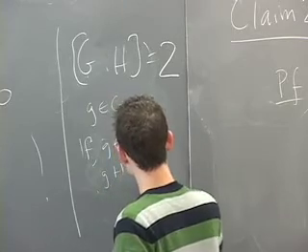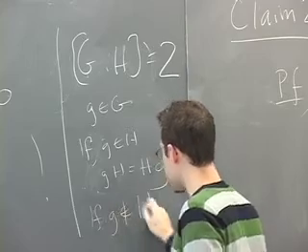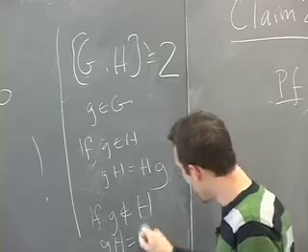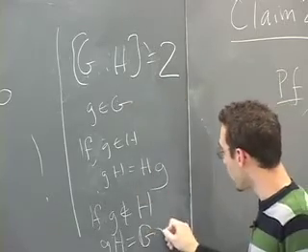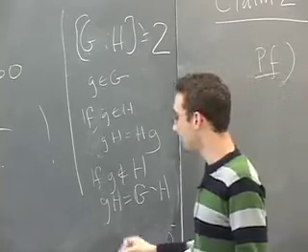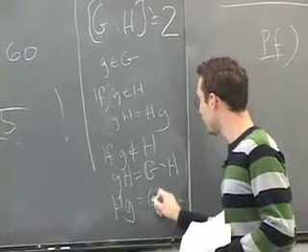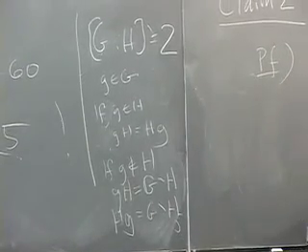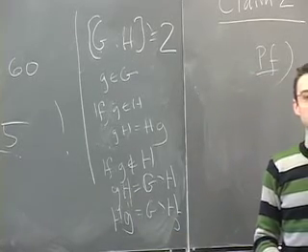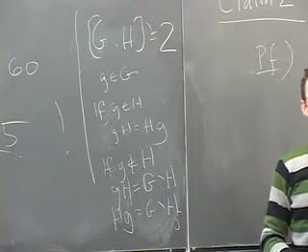But suppose g is not in H. Well, gH is then equal to all the things in G that are not in H, because H has index 2. I've just partitioned G into two pieces. But likewise, the right coset Hg is the same thing. It's all the elements of G that are not in H. So these things are equal. gH equals Hg. Therefore, gHg inverse equals H for all g, therefore H is normal.